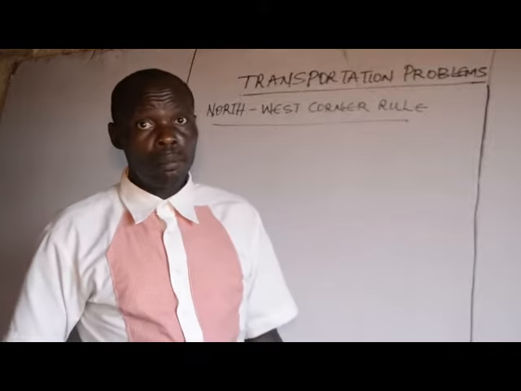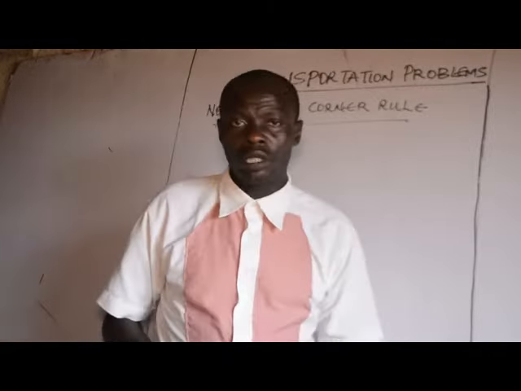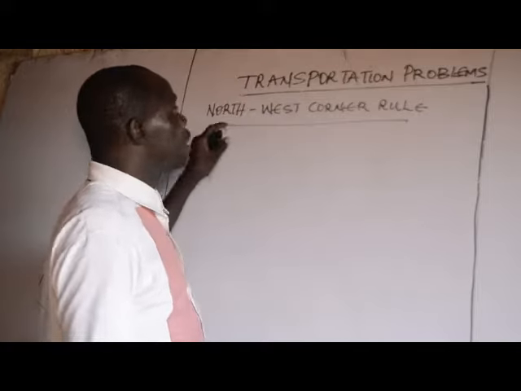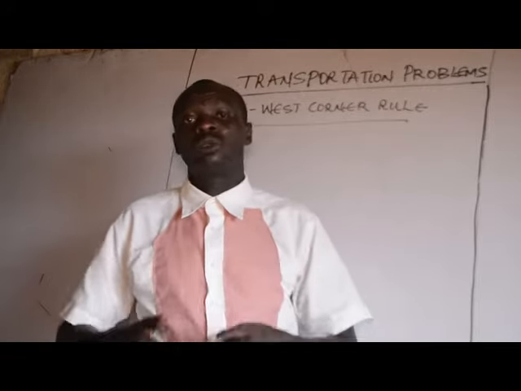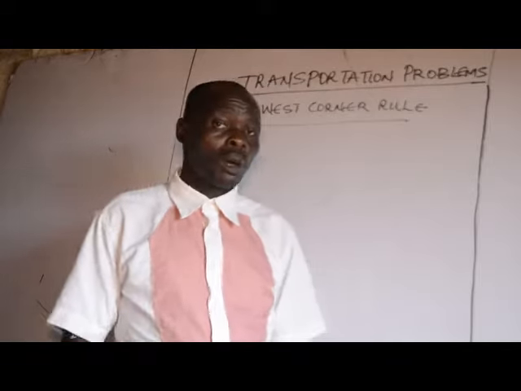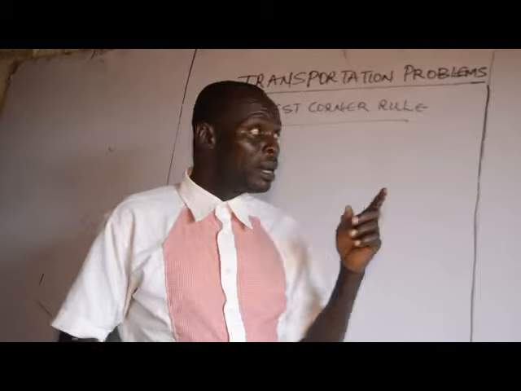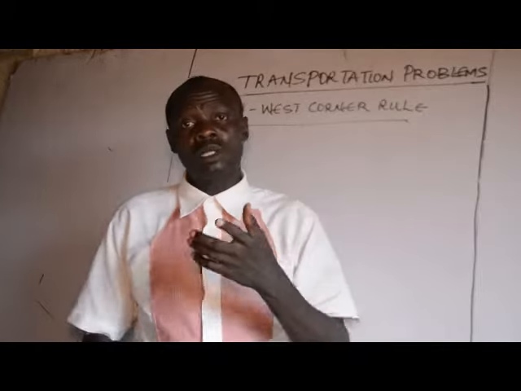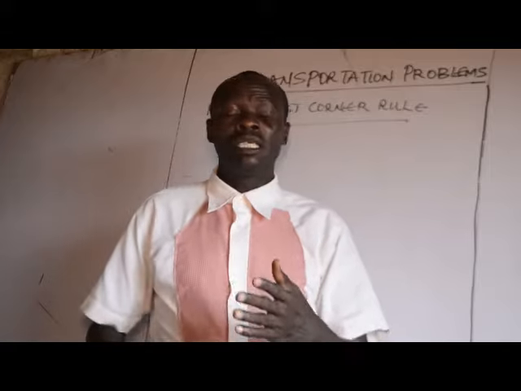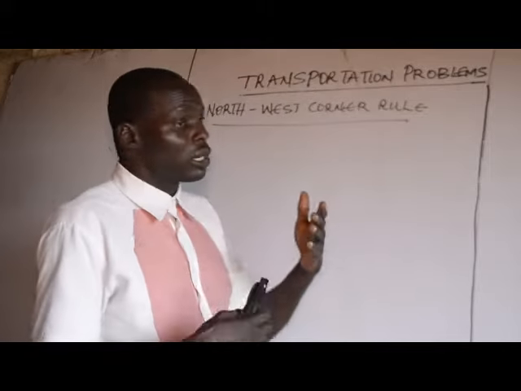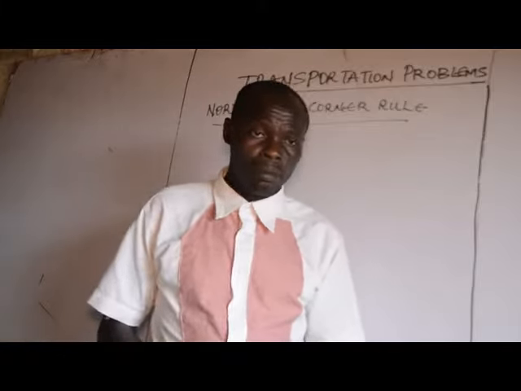This method is the simplest but most inefficient method, as it always has the highest total cost of transportation when compared with other methods. So I've told you that the northwest corner rule is the simplest method, and it is the most inefficient method when you compare it with other methods of obtaining the total cost of transportation, methods like the least cost method and Vogel approximation method.